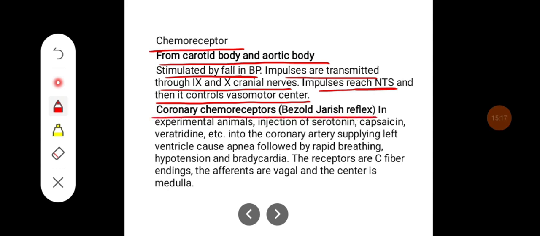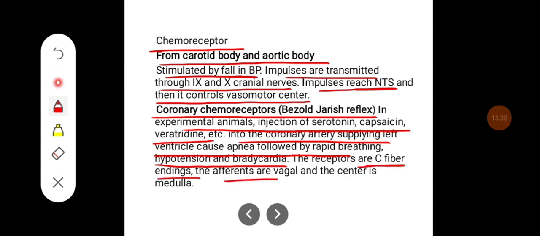Coronary chemoreceptors, that is the Bezold-Jarisch reflex. In experimental animals, injection of serotonin, capsaicin, veratridine into the coronary artery supplying the left ventricle causes apnea followed by rapid breathing, hypotension and bradycardia. The receptors are C fiber endings, the afferents are vagal and the center is medulla.